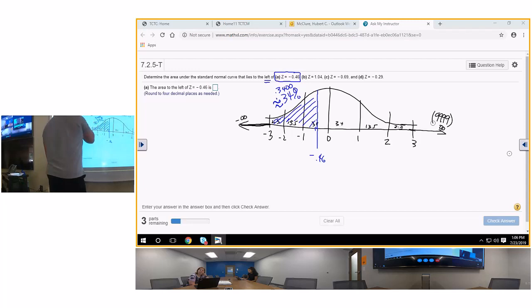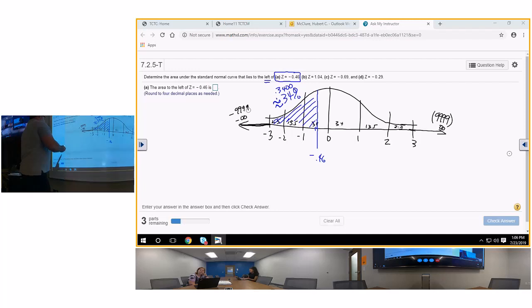Negative infinity is represented by -9999. So, go to second, and which one did I tell you to use to find the area with the z-score? Normal CDF.